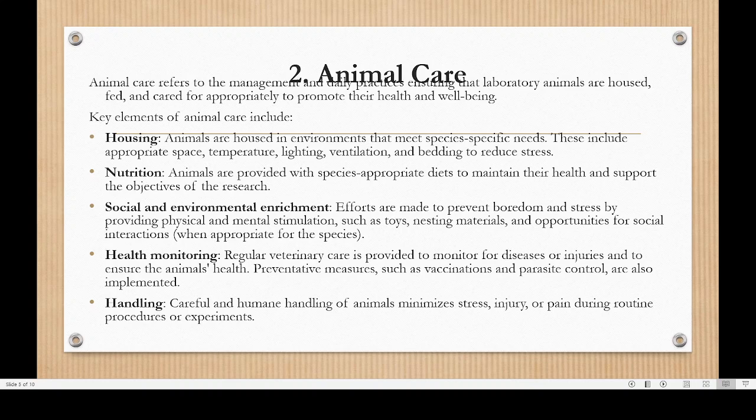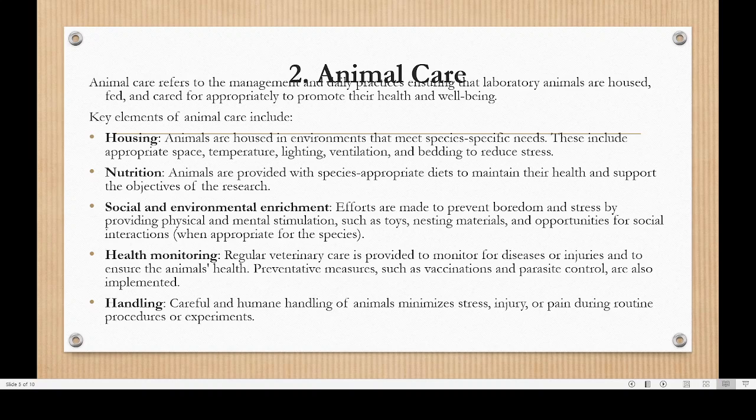Sometimes researchers simply handle it by its tail. That kind of approach is not good, because that will give the animal unnecessary tension and stress, and can also put the animal into mental suffering, and then unnecessary hormones like adrenaline may be produced that can completely change the purpose of our study.